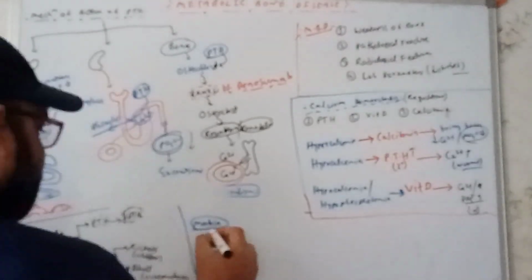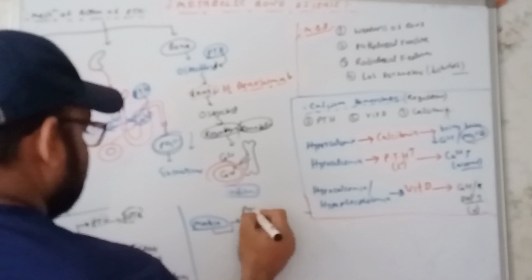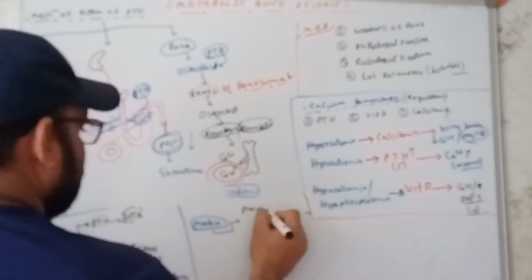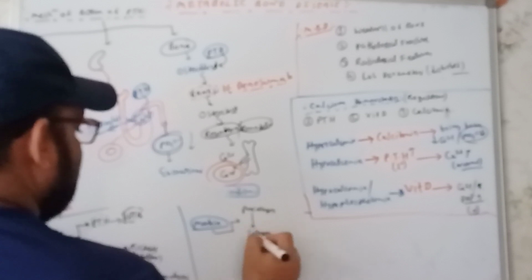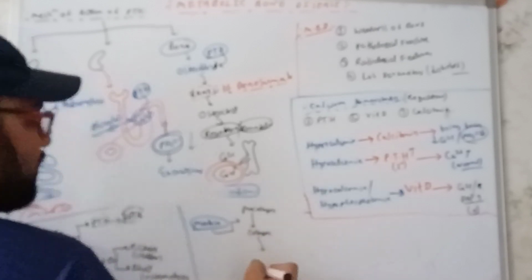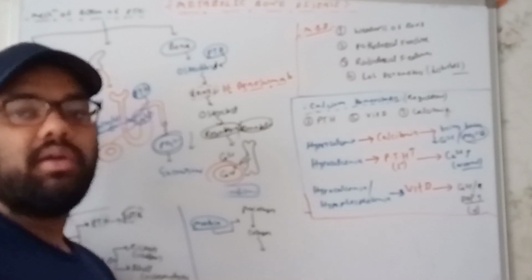As we know, in terms of the matrix, we'll see collagen formed from pro-collagen. And this collagen gets matured by the hydroxylation reactions of what?